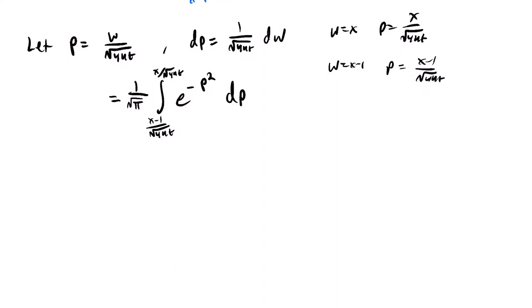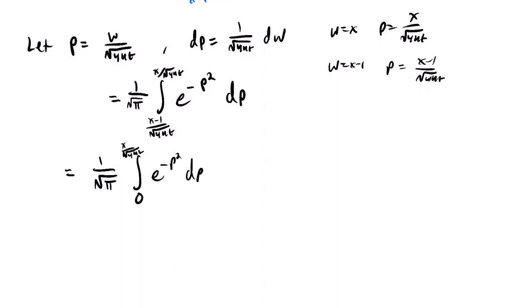Or actually, right, sorry, I'm just getting caught up over a standard integral manipulation. Well, let's first consider the piece where I have the integral from 0 to x over square root of 4kt of the Gaussian function, e to the minus p squared dp.